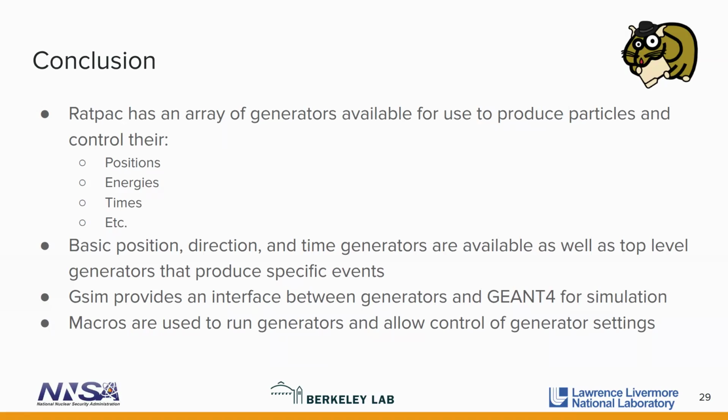Several different generators are already available in RAT. If that doesn't fit your needs, you can always write your own generator. GSIM provides this interface between the generators and Geant4 for simulation. And your macros allow you to control all of your generator settings.